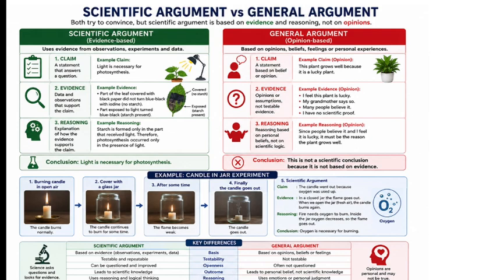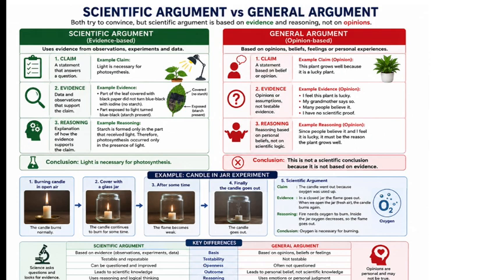We provide the cause for it, so we explain the cause and effect relationship in the reasoning. The effect is the leaf turning brown or black, and we explain the cause for this particular effect. So in reasoning we explain the cause and effect very clearly, and also the process, how that thing happened, the mechanism.